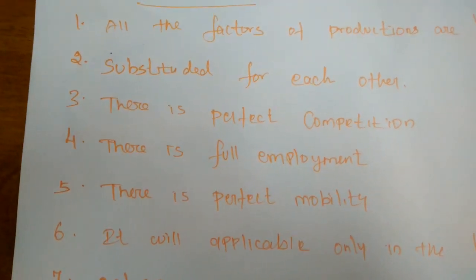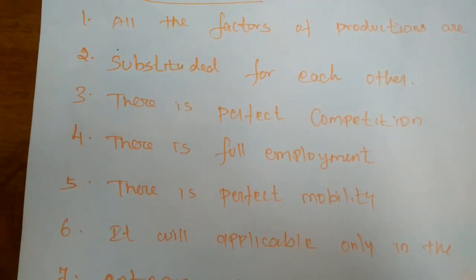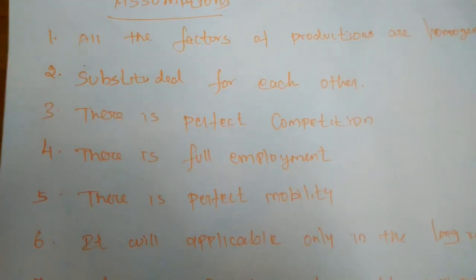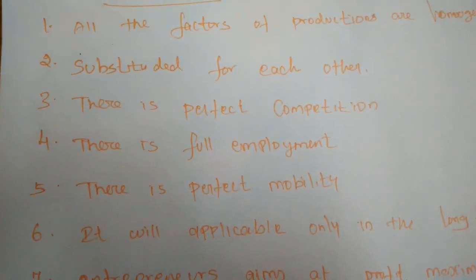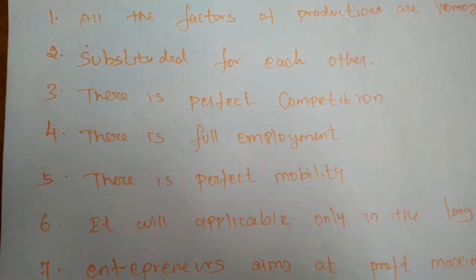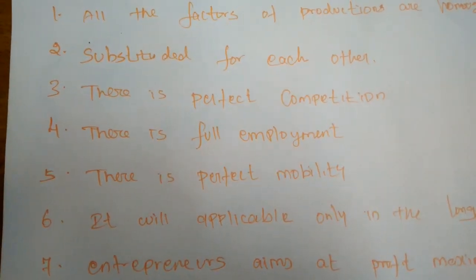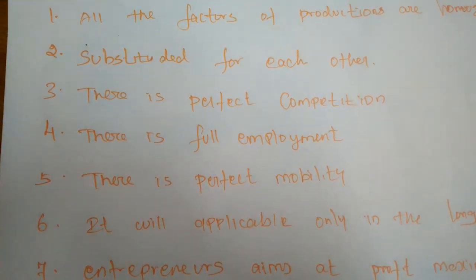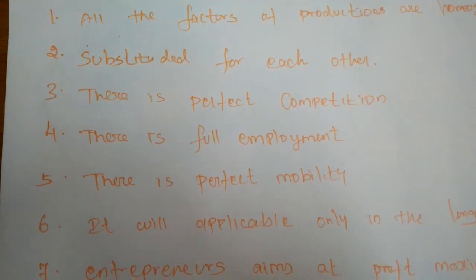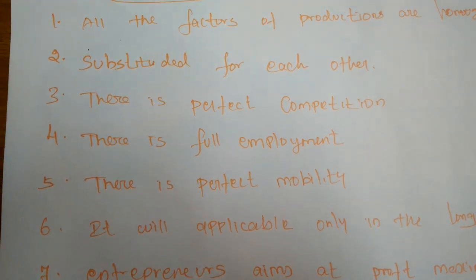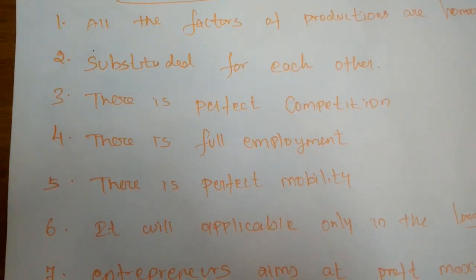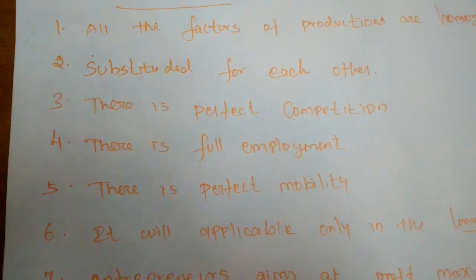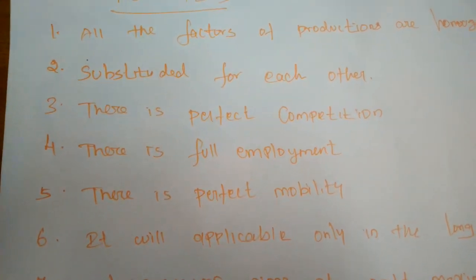Next, factors of production can be substituted for each other. When all the factors of production are homogeneous, we can easily substitute one for another. If there are two laborers and their productivity power is the same, we can substitute one man for another.